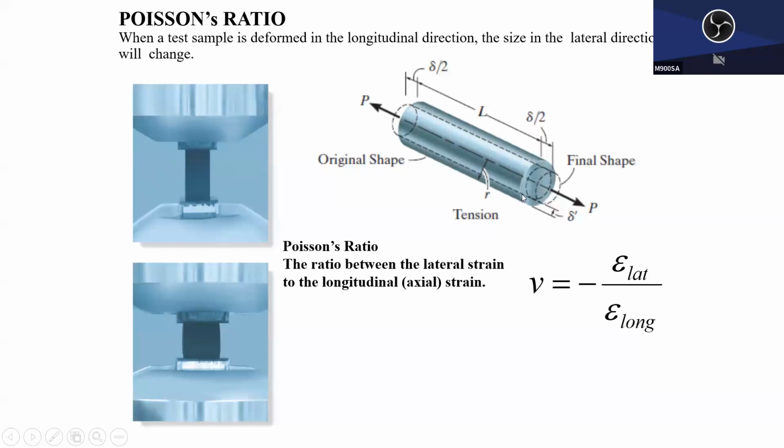If you have a compression problem, the longitudinal strain is contracting, so it is negative, but the width is becoming bigger, so the lateral strain is positive; positive over negative is again a negative number. To rectify it, we add the minus, and you have a positive. That's why Poisson's ratio is always positive.